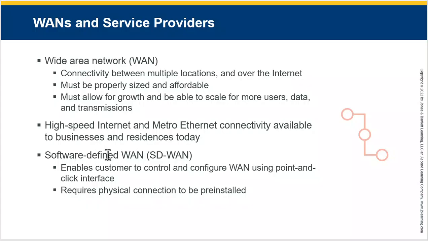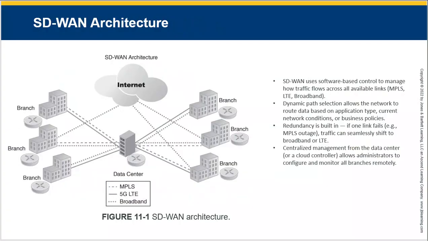And then software-defined WAN. This is where you have wide area networks that are controlled from a central location. And this requires like a workstation or a server that's running WAN and LAN management software. And so here's a picture of an SD-WAN, software-defined WAN.